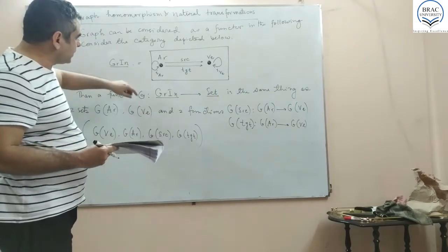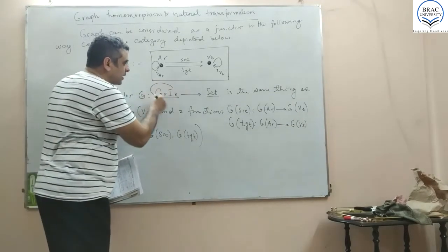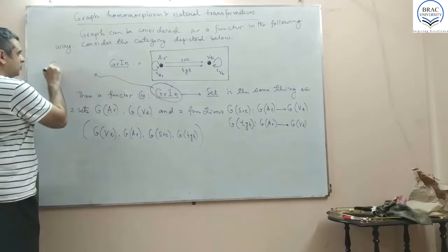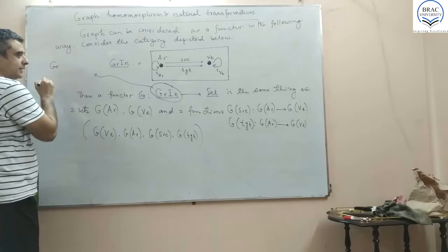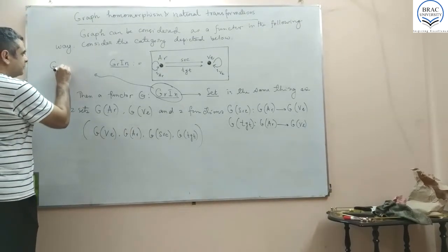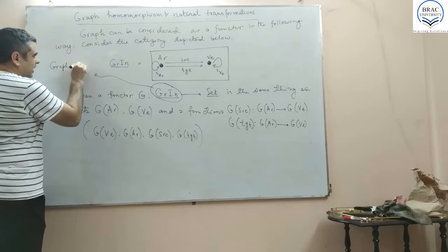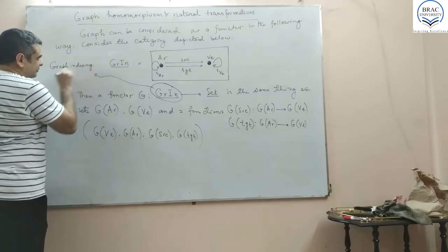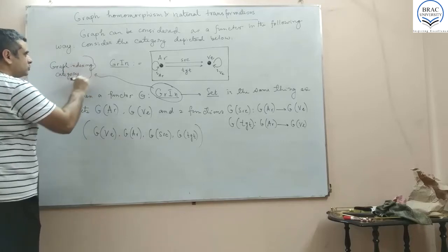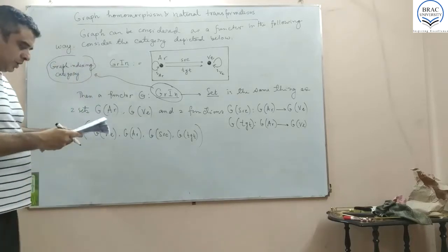So we call this category the graph indexing category. Let me write it. We don't have much time to write everything in detail. They can be found in the lecture notes. Graph indexing category. Correct.